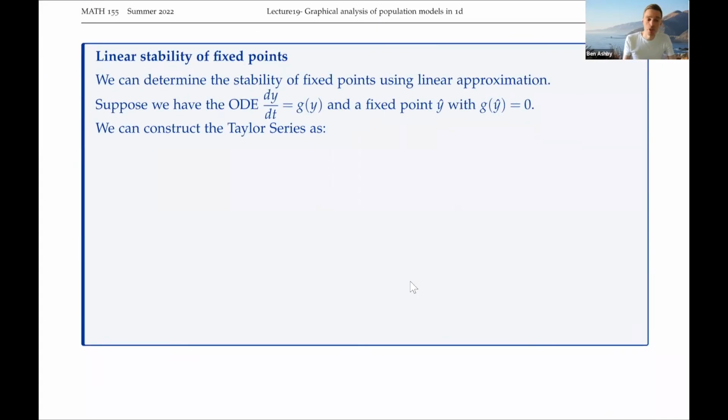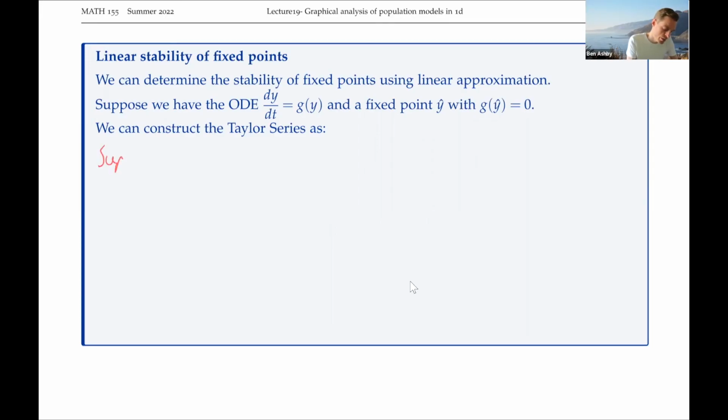What's really going on here is we're doing something called linear stability analysis. So we're looking at the stability of our fixed points by making a linear approximation close to that fixed point, and then seeing whether small perturbations grow or decay. So we're essentially constructing a Taylor series.